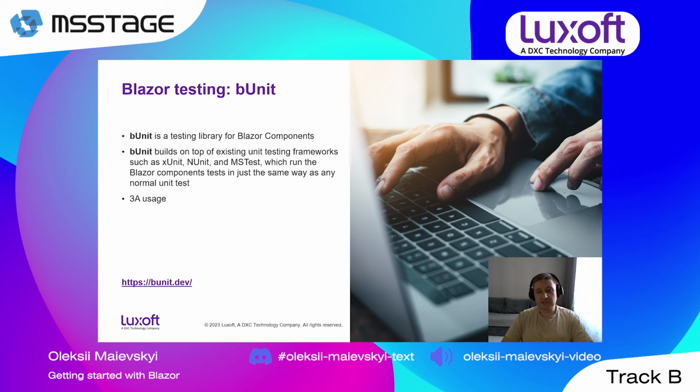What it does is make a wrapper of the page. If you create a bUnit test of one of the pages, it wraps the page and makes a simulation on this page. Of course, it uses the 3A usage, which is arrange, act, assert. I will show you the examples. We have the website, you can visit it, and it will present how it works, but I will give you some really basic examples of this kind of testing.